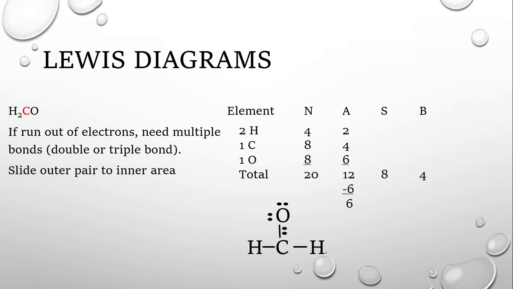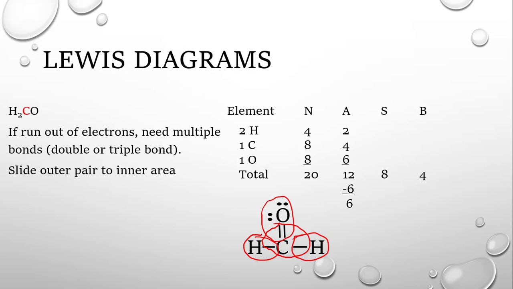So you slide the outer pair to an inner area, and then because it's between elements, you can draw the straight line. And now you can see that you have 2, 4, 6, 8. Each line is 2 electrons, so that has noble gas configuration. 2, 4, 6, 8, noble gas configuration, and then both hydrogens have noble gas configuration.